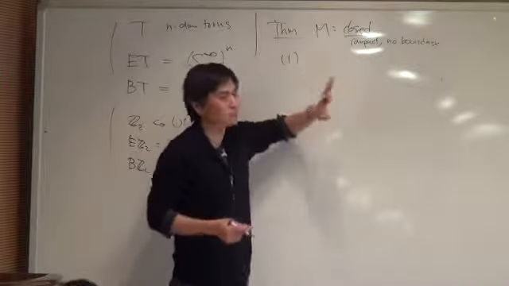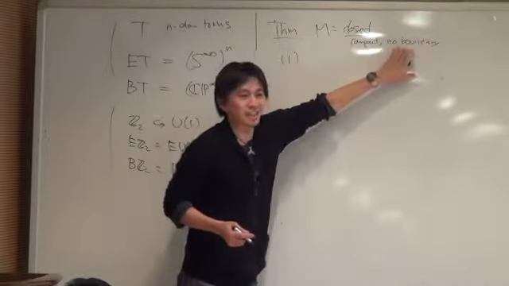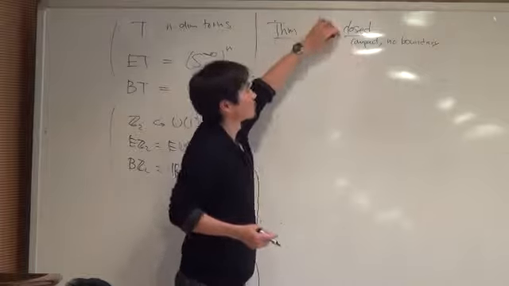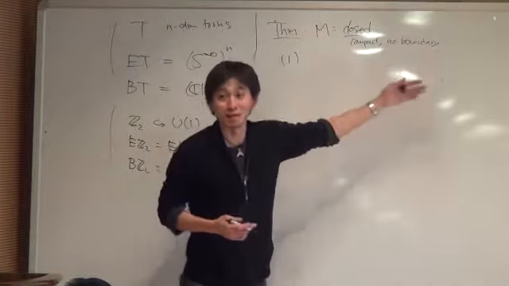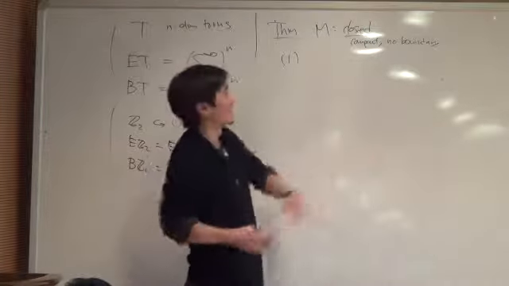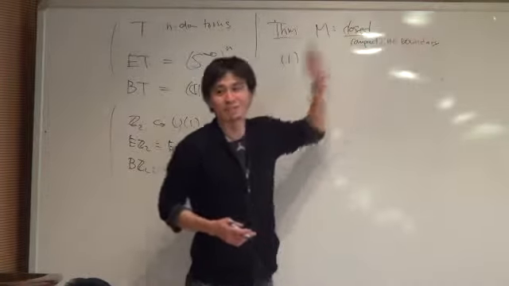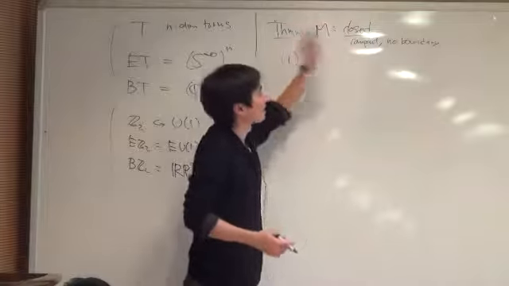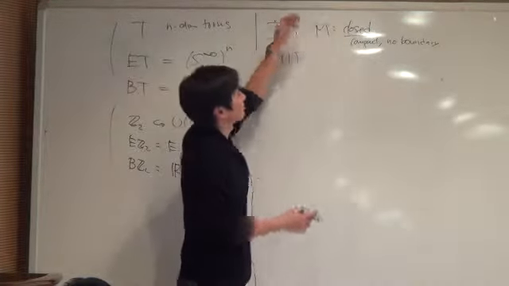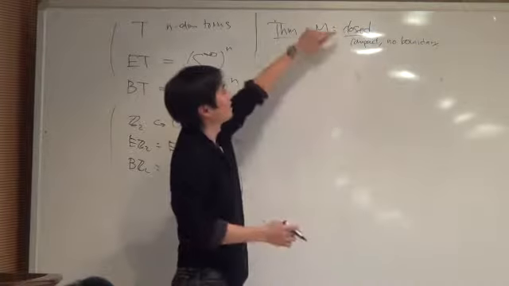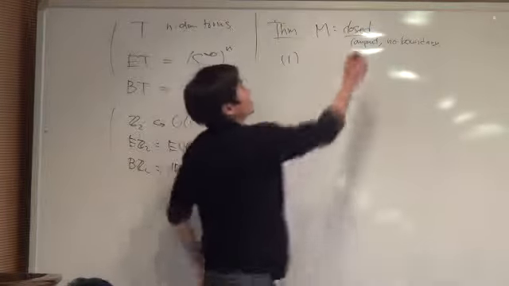Some people who care about boundary things usually say closed instead of compact, because sometimes people assume there might be a boundary. But in our symplectic setting, usually we don't have boundary. So he said compact and no boundary. I just combine this, compact and non-boundary, as closed.